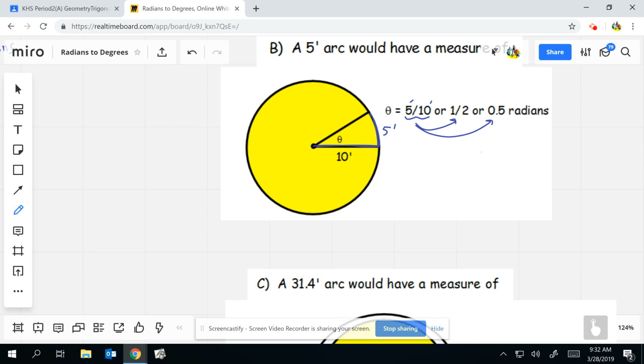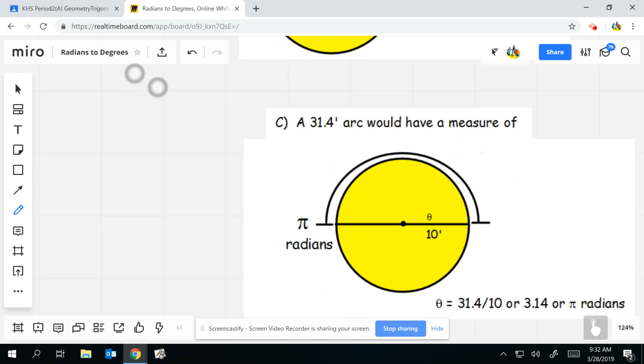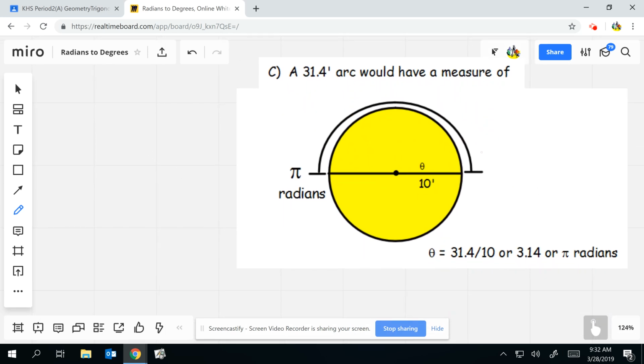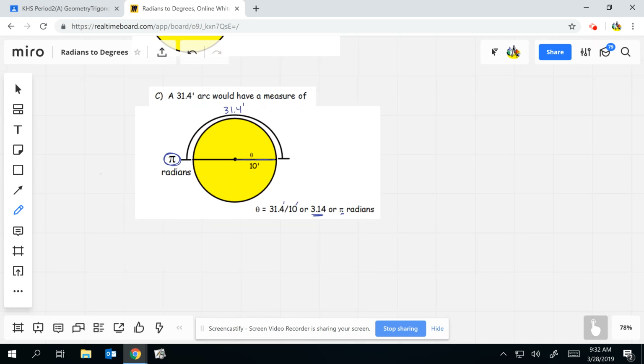If this whole arc was 31.4 feet, and your radius again was 10, that means you would have gone exactly halfway around the circle, pi radians, because it would be 31.4 divided by 10, which is 3.14, or pi. That is exactly halfway around the circle. So that theta angle would be pi radians, or 3.14 radians.